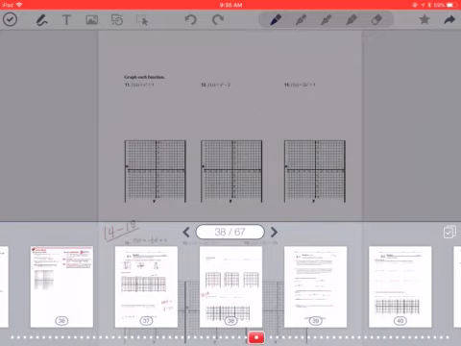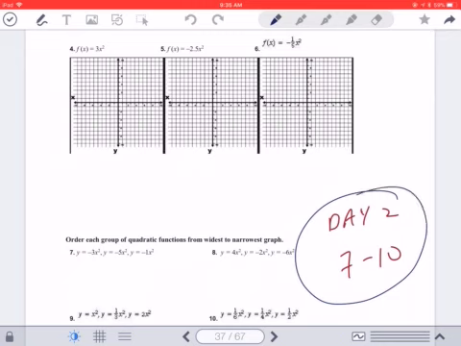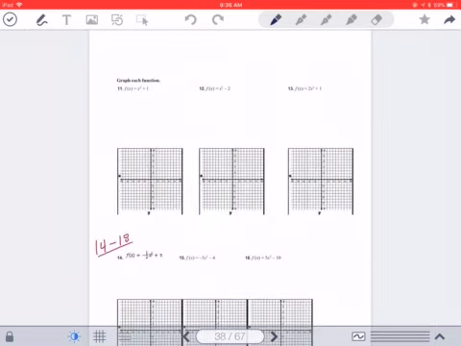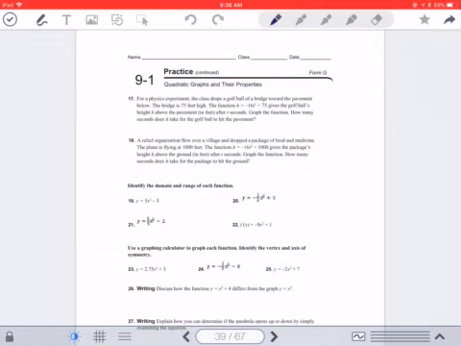You are going to do numbers 7 through 10, and this is 9-1 up here, practice. And then you're also going to do 14 through 18. So you've got a couple more problems where you're graphing, and then a couple problems like we just did with the acorn, where you have to find the value of t.